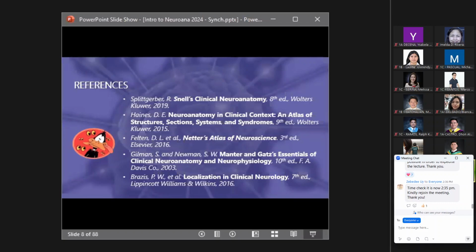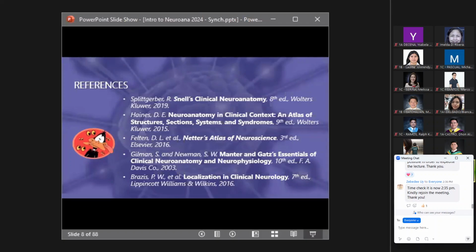There are some parts of it that can still be useful, and in some of our lectures in neuroanatomy, this particular book helps in understanding certain concepts that may not be immediately understandable in Snell or in Netter's.